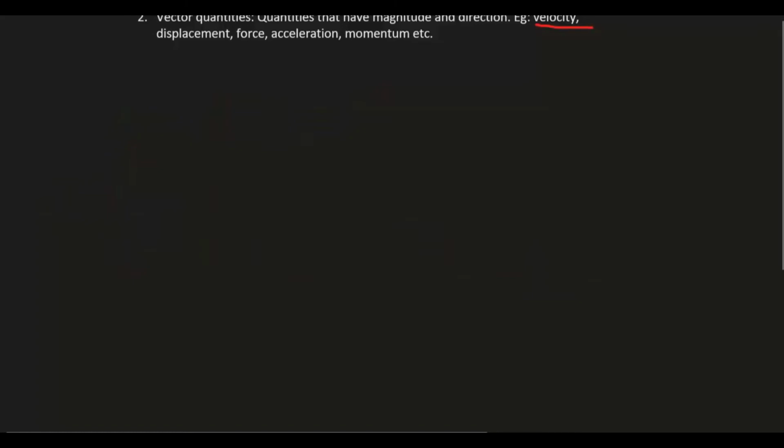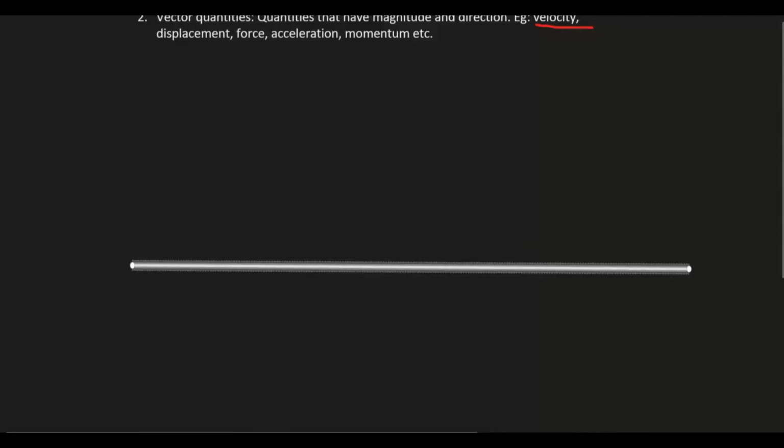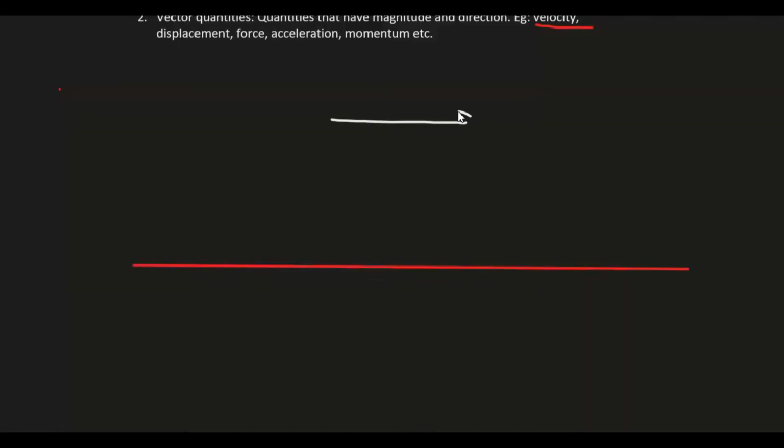Suppose I have a straight path, okay, and I say that this is the positive direction. This is the direction, right direction, positive. Okay, and I have a cute friend again.